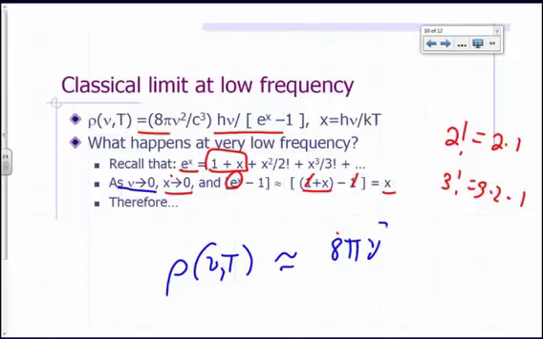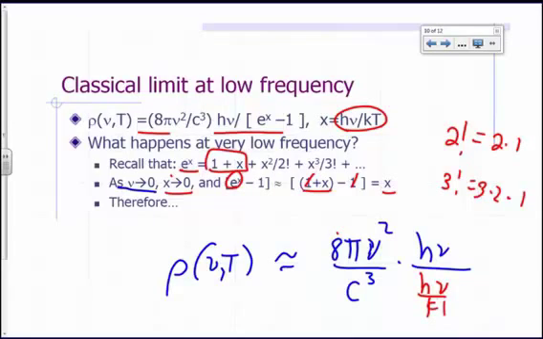8 pi nu squared over c cubed, times h nu over, instead of e to the x minus 1, you're just going to have x. What is x? h nu over kT, right? So instead of e to the x minus 1, you just have x.